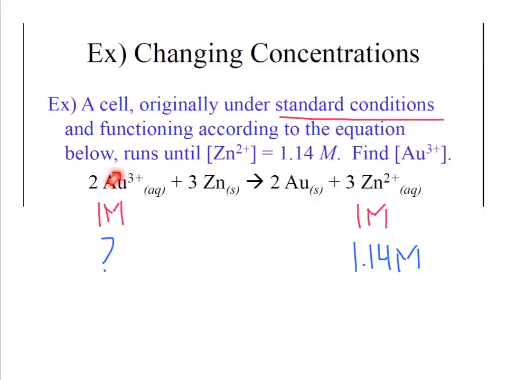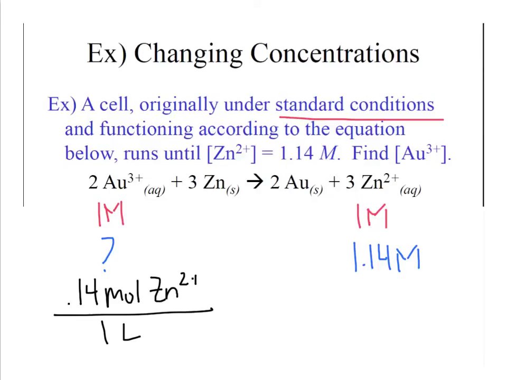So that means it's all just a reaction stoichiometry problem. So if we started with 1 molar, now we have 1.14. That means we've generated 0.14 moles of Zn2 plus for every 1 liter of solution. And then from there we can just do a simple stoichiometric conversion. For every 3 moles of zinc, there's 2 moles of gold that were used.